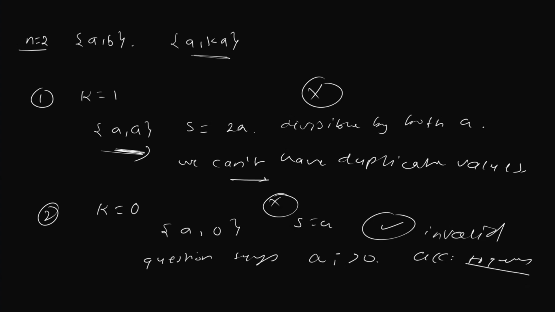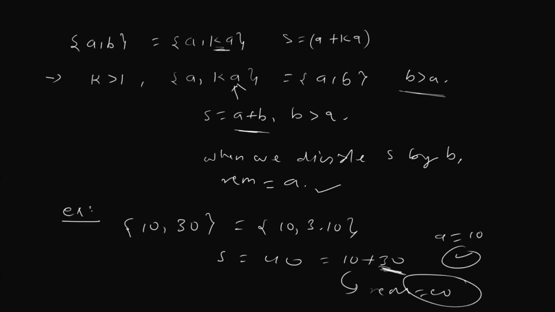So what else are we left with for the values of k? Let's suppose we have a comma ka. We can have k values less than 0. Like we can have k equals -1, then we will have a comma minus a.